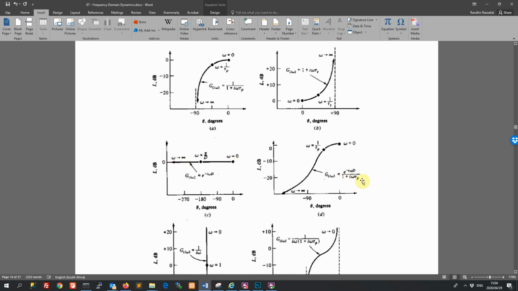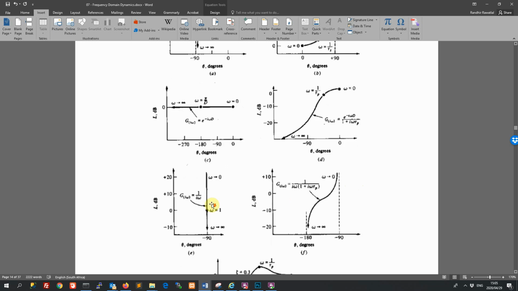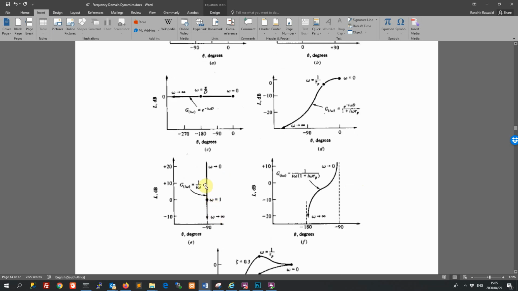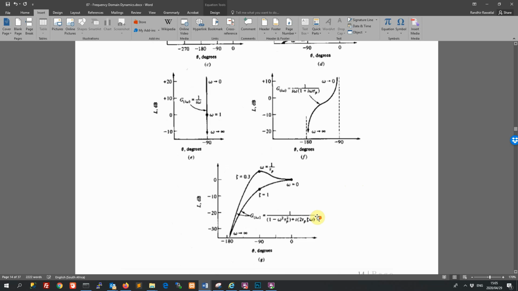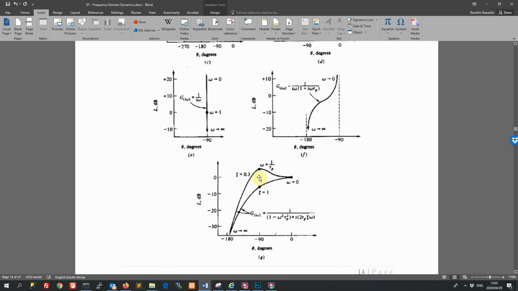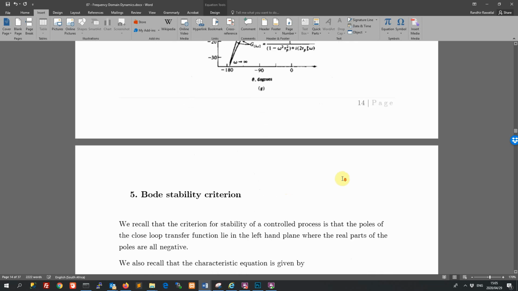And for a delay together with a first order lag, it turns out to do that, and so on. So we can view things on the Nichols chart. For now, we won't say too much about this one, but it will turn out to have some very important applications in a little bit.